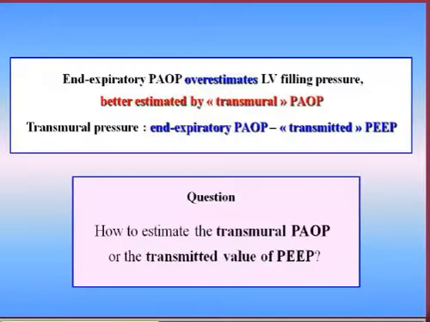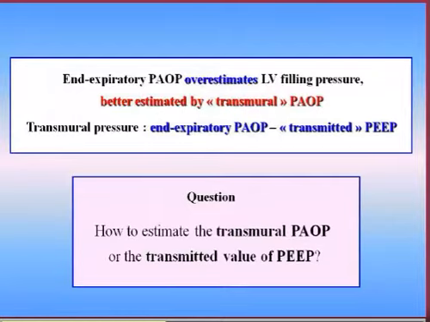Expiratory PAOP overestimates left ventricular filling pressure in case of high PEEP or high auto PEEP, and it is better estimated by transmural PAOP. Transmural pressure is the difference between end expiratory pressure minus transmitted PEEP. So the question is how to estimate the transmural PAOP and/or the transmitted value of PEEP.